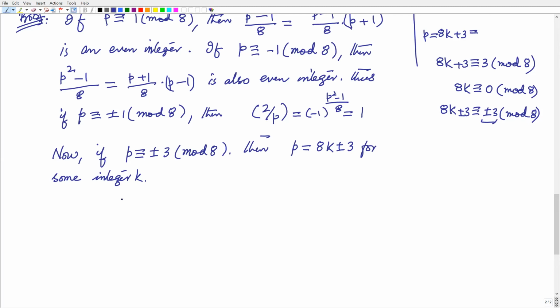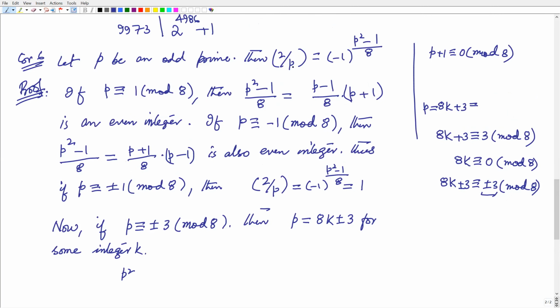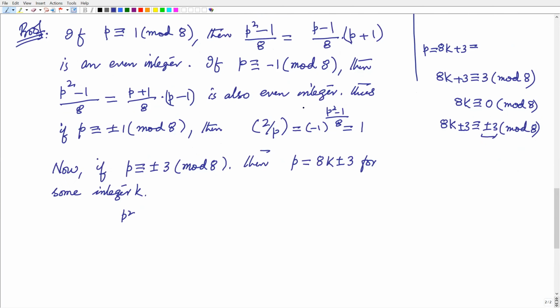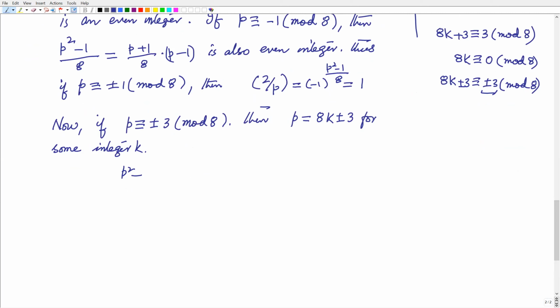So because we need to prove our statement that the Legendre symbol of 2 over p is minus 1 to the power (p square minus 1) by 8, now we will find the value of (p square minus 1) by 8, with p equal to 8k plus minus 3: (8k plus minus 3) whole square minus 1 divided by 8, and this will be 64k square.